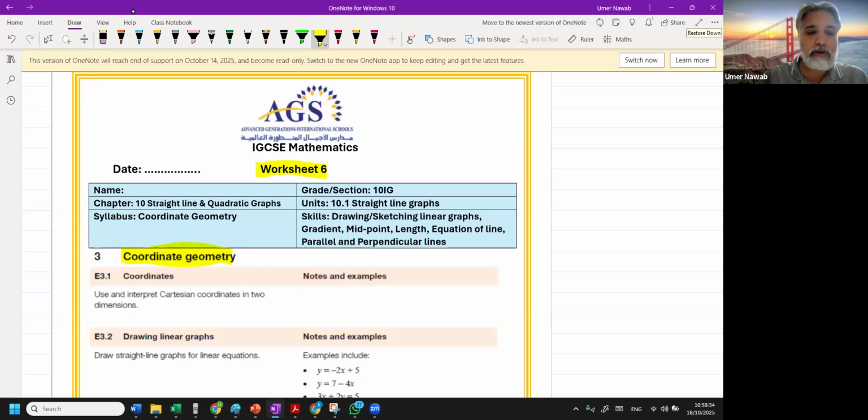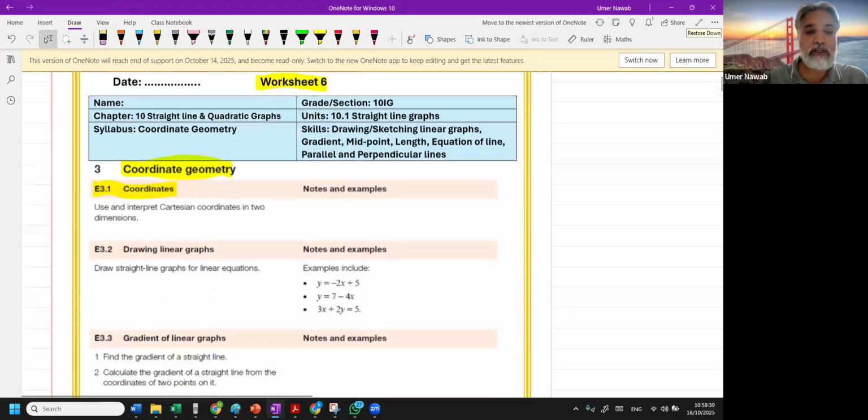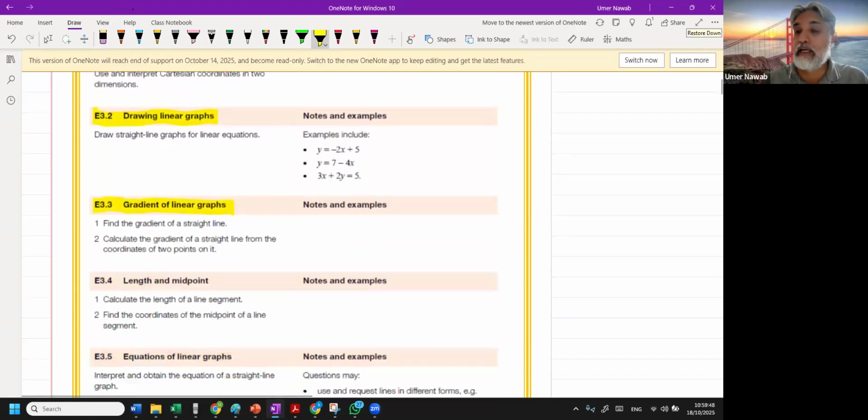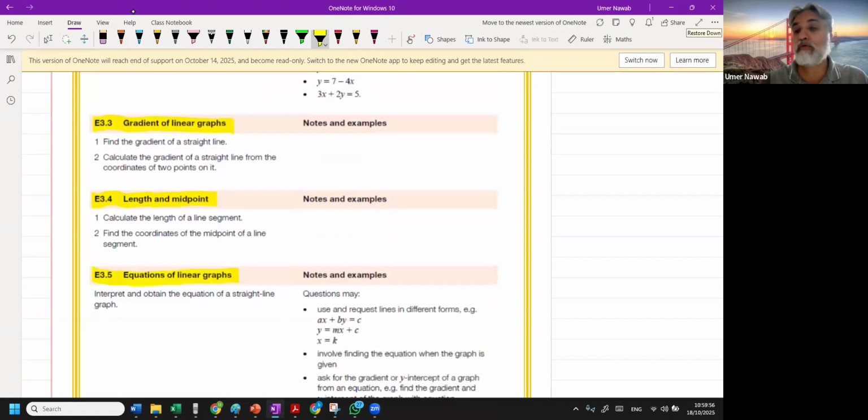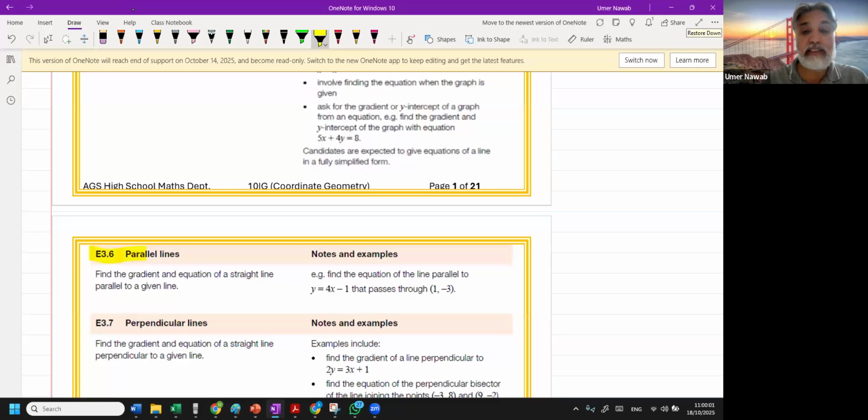In coordinate geometry, a student needs to know E3.1, the knowledge of coordinates; E3.2, how to draw linear graphs; E3.3, what the gradient of a linear graph is; E3.4, how to find the length and the midpoint; E3.5, how to find the equation of a line in different contexts; E3.6, the concept of parallel lines; and finally E3.7, what perpendicular lines are and how to find the equations of perpendicular lines.